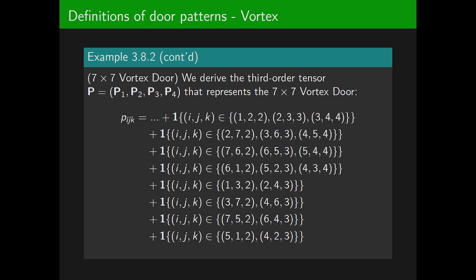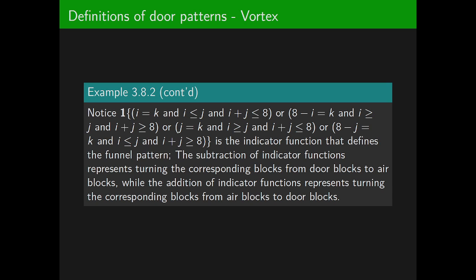And now here comes the explanation part. Notice the first part of the indicator function is what defines the funnel pattern. Yes, the vortex pattern is dependent on the funnel pattern. This is probably an easier way to explain to you how to make a vortex pattern.